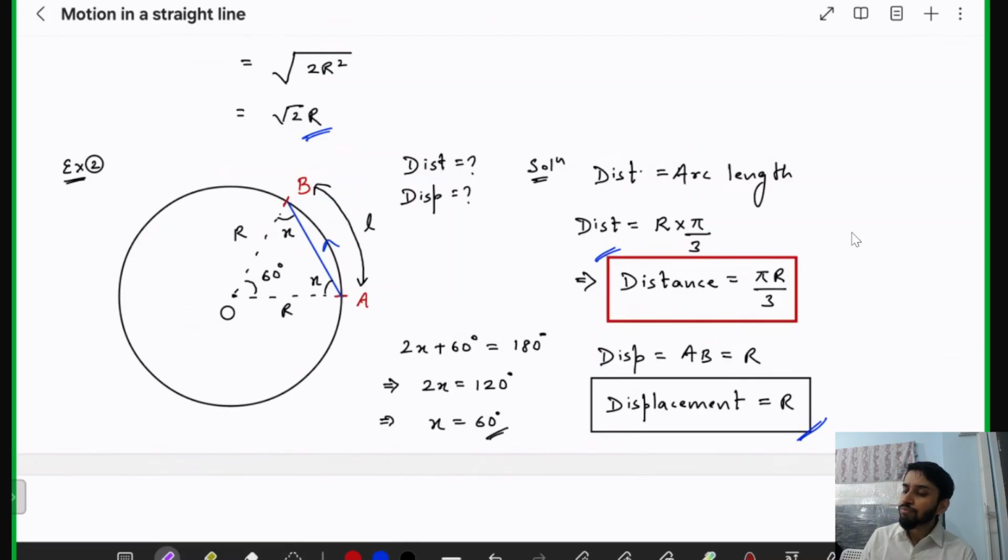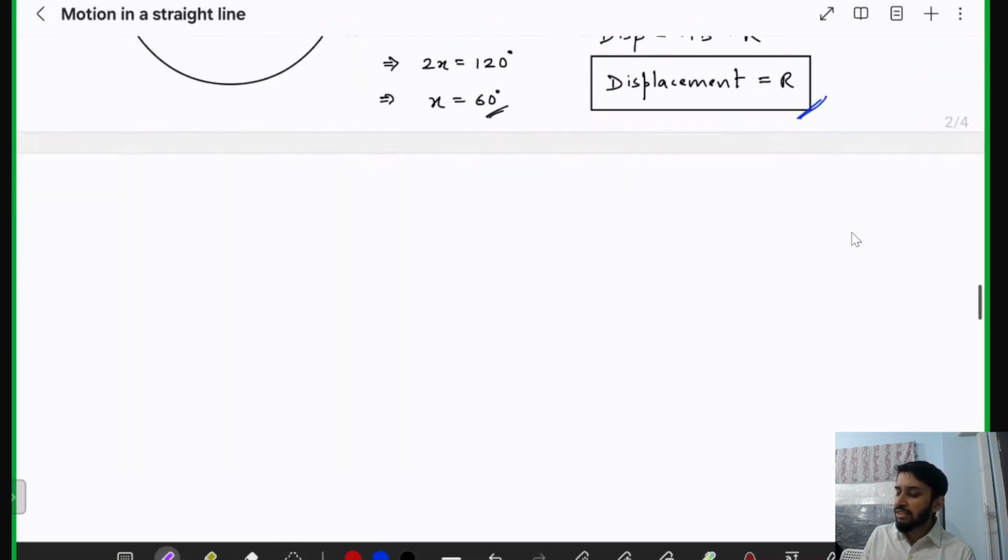Let's not call this an example, let us just call it a general formula for finding distance and displacement.